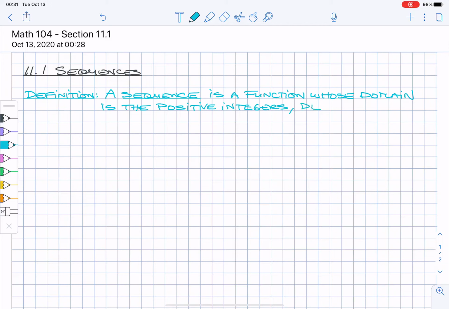Denoted by a sub n, where a sub n, we do curly brackets, is some function in n.